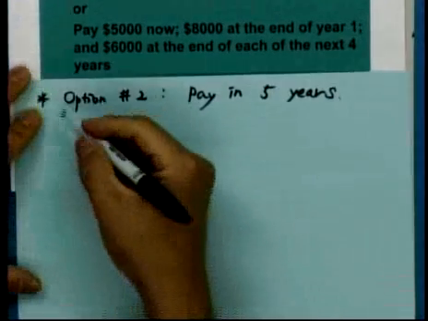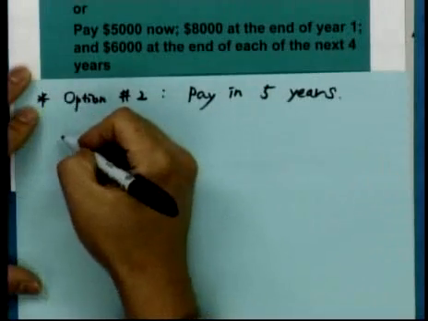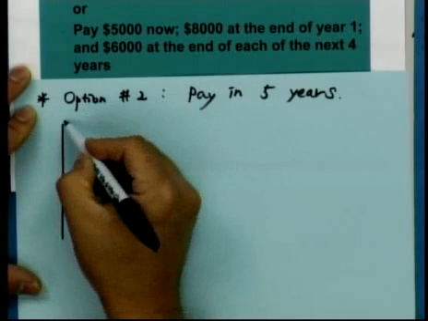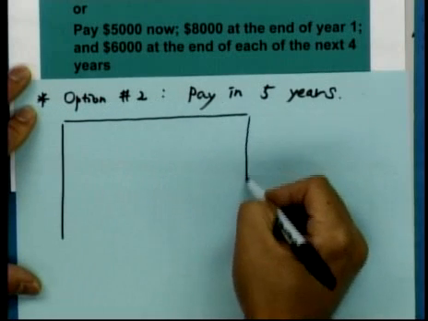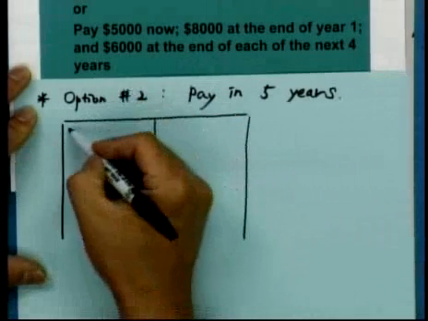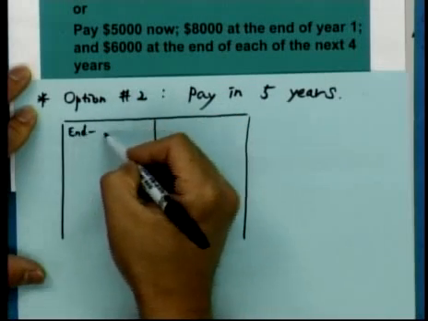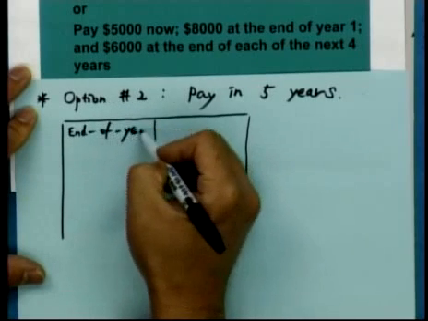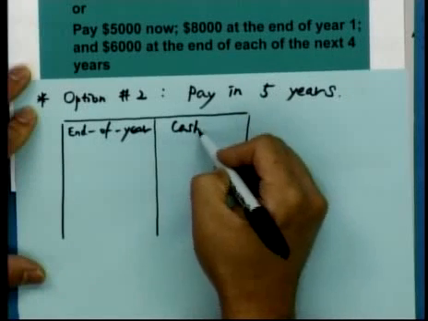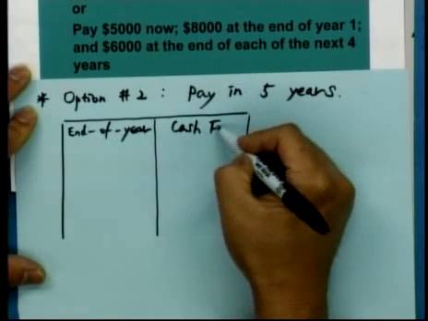So again, we're going to construct a table of the cash flow. End of year, and then the second column is the cash flow.